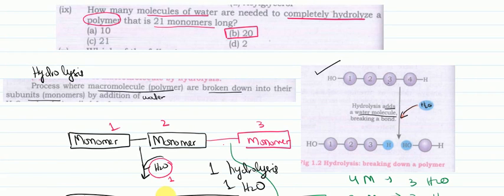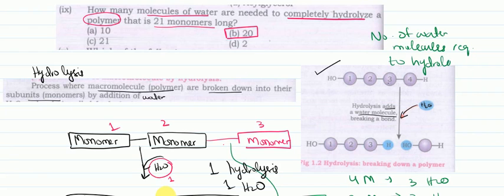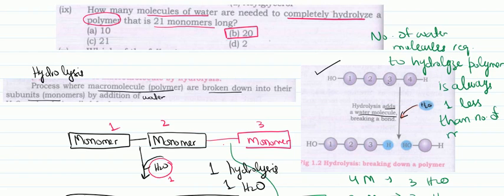There is a trick you can remember. The number of water molecules required to hydrolyze a polymer is always 1 less than the number of monomers.